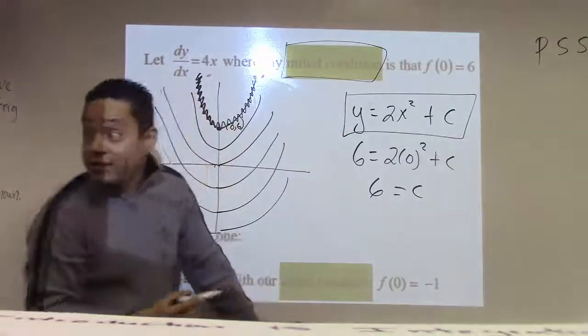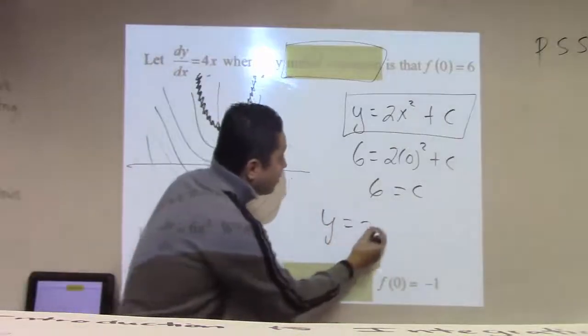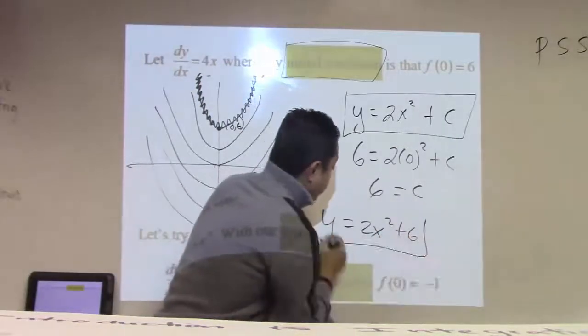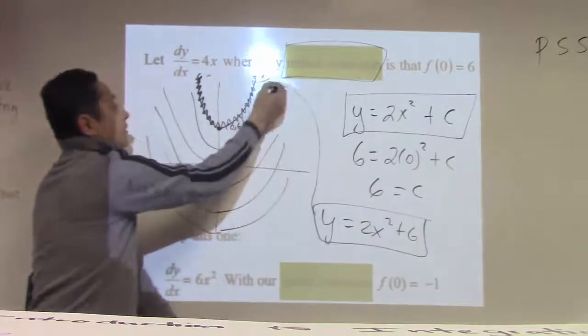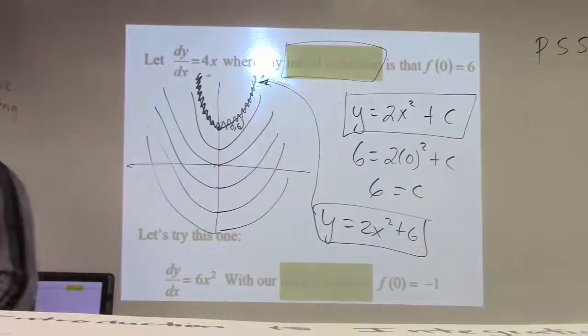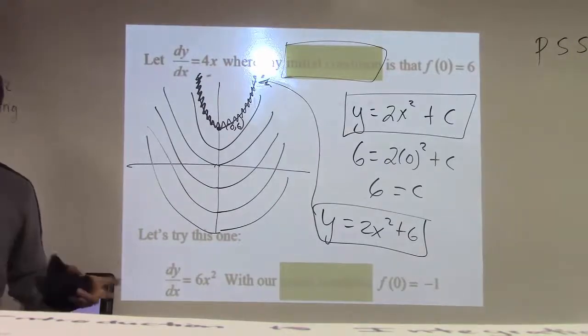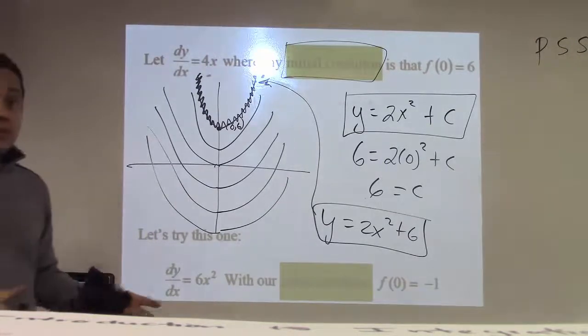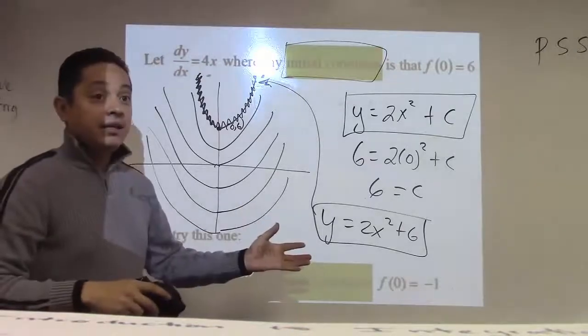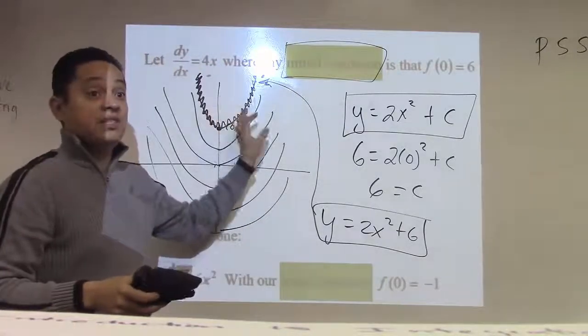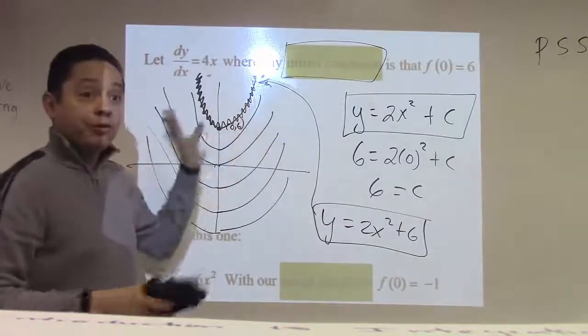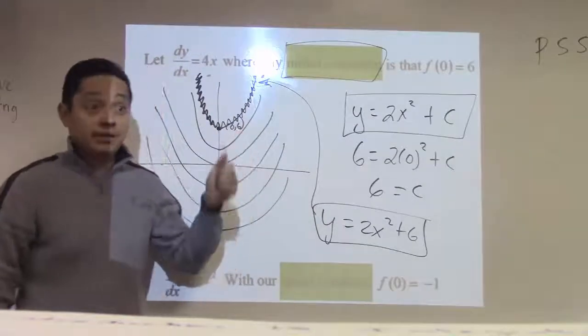So now my final answer is y equals 2x squared plus 6, and that is that graph right there. So an initial condition allows you to get rid of the constant. In other words, go and look for the specific function out of all the functions that an antiderivative provides.